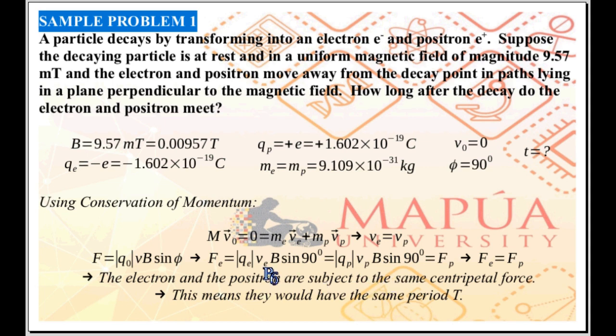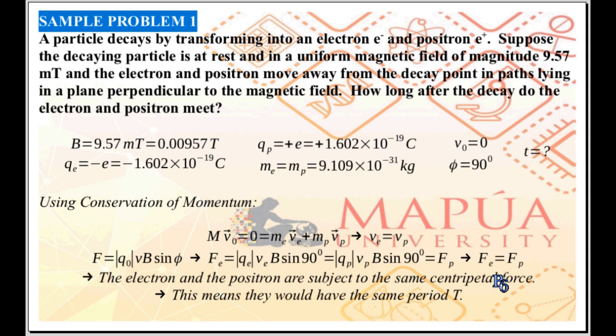Since v_e is just equal to v_p and absolute value of q_e and absolute value of q_p are equal, F_e is just equal to F_p. The magnetic force magnitude on the electron is just the same as the magnetic force magnitude on the positron.